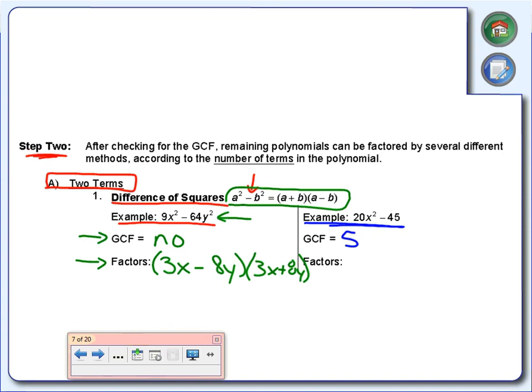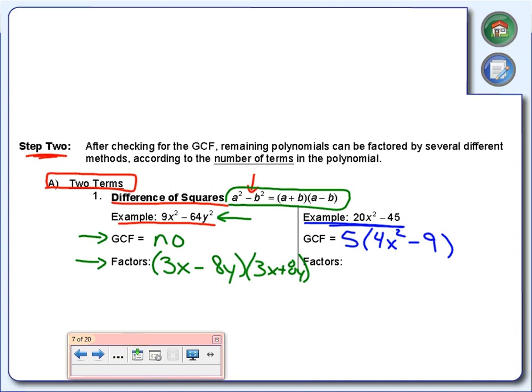No. So 5 is the GCF. What do we do in the parentheses then? 5 times what would give me 20x squared? 4x squared. There you go. 5 times 4x squared is the 20x squared. How about 5 times what will give me that minus 45? Negative 9. So that is the GCF.